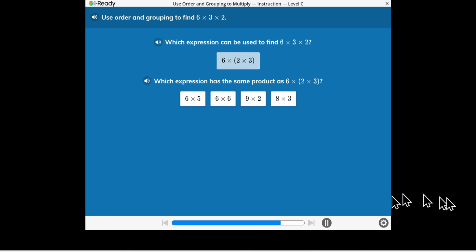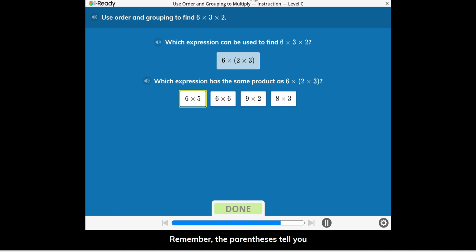He's just counting, but what expression has the same product? So what are we multiplying? I think it's 6 times 5. Wait, what? The parentheses tell you which factors to multiply first. I'm just gonna guess. It's 6 times 6.